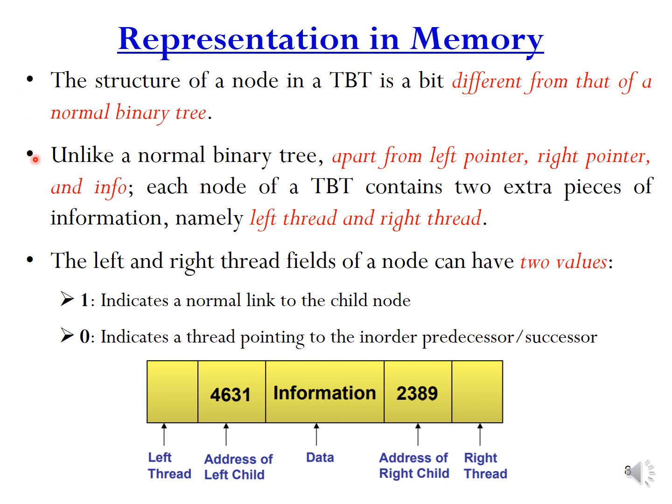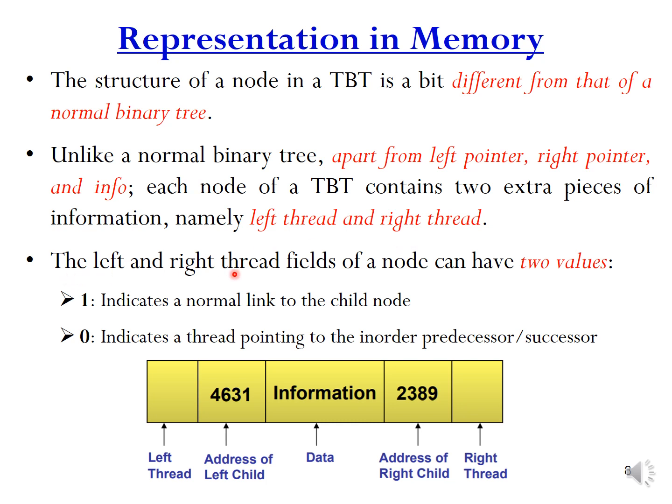Unlike a normal binary tree, apart from the left pointer, right pointer, and info, each node of a threaded binary tree contains two extra pieces of information, namely the left thread and right thread.